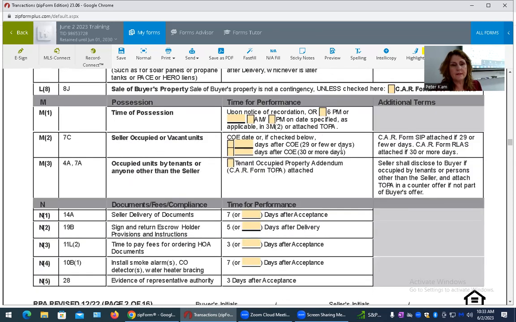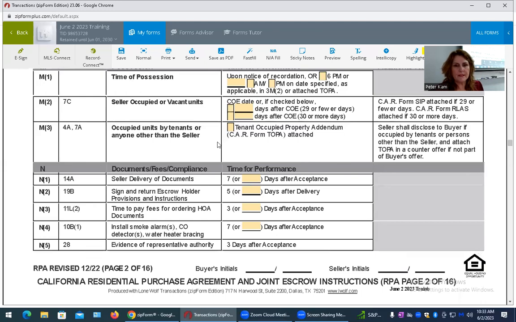so remember that you need the TOPA if the seller is staying 1 to 29 days or fewer, or you need the RLAS, the residential lease after sale agreement, for 30 days or more. Those are very important documents. The occupied, here's where, if you know that somebody is occupying the unit, whether they are paying or not.